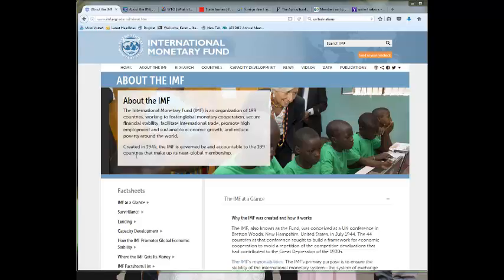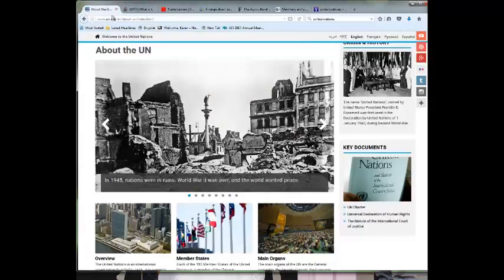So we can visit the websites of these organizations. The IMF, here it talks about financial stability and monetary cooperation, kind of like we talk about the Federal Reserve taking care of monetary policy. Here's the United Nations, and it talks about after World War II, the world wanted peace.